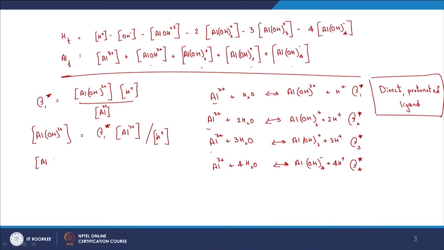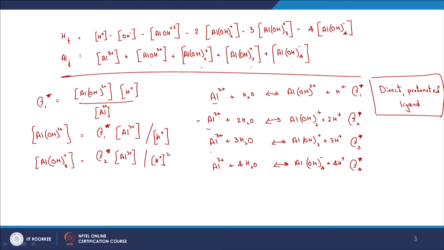So Al, and the next one would be AlOH twice, and plus 1 charge. That's going to be equal to beta 2 star into Al3+ by H+ squared, right. Again, that's from this particular equation. And what is beta? Again, a different form of expressing the equilibrium coefficient based on the type of reaction.